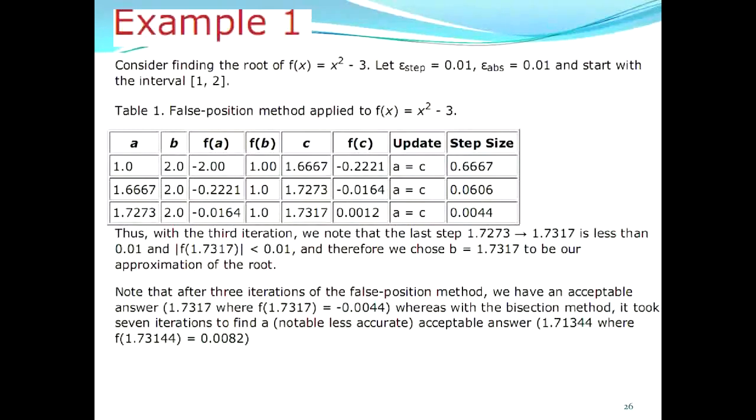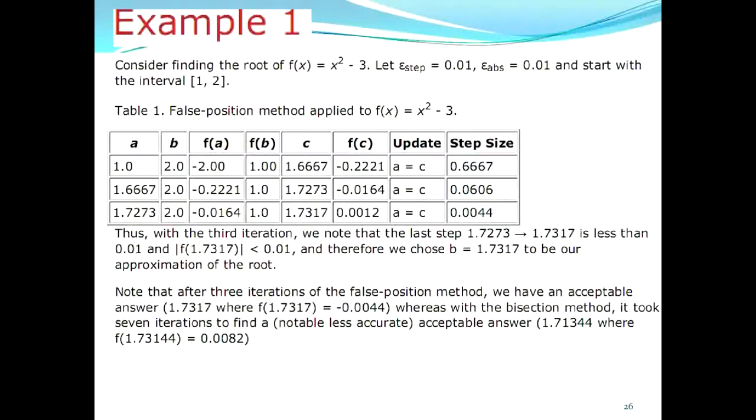Okay, so C here is 1.7273. Now f of C, if I apply this in the function x squared minus 3, is minus 0.0164. Again, f of C is negative, so C will again replace A because of the opposite signs condition.